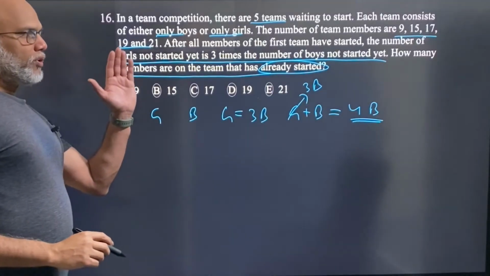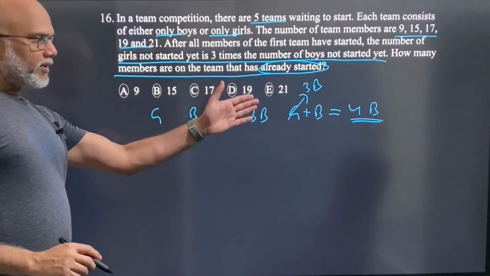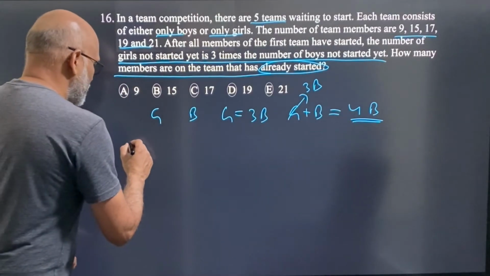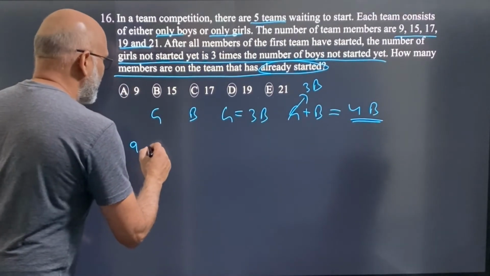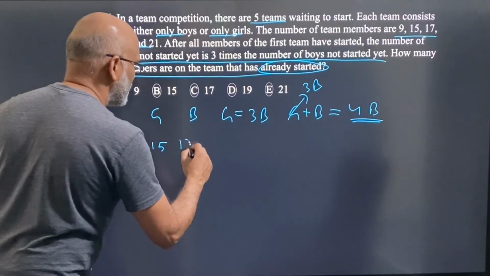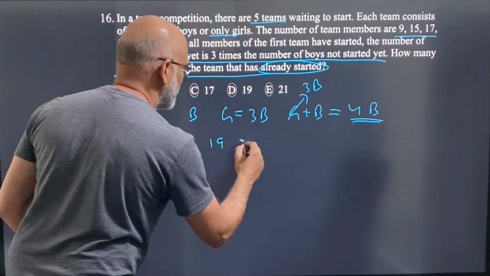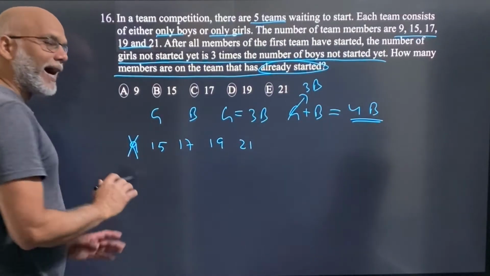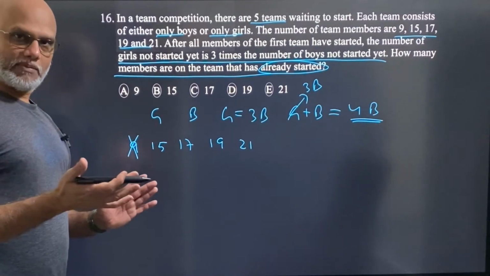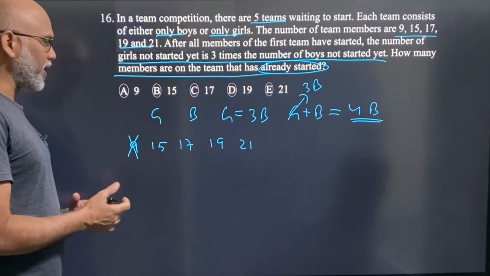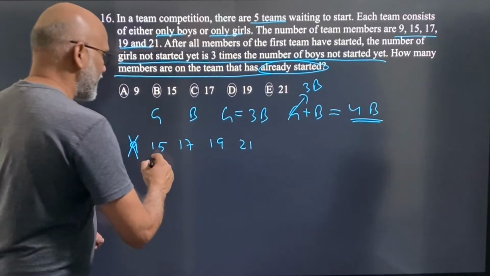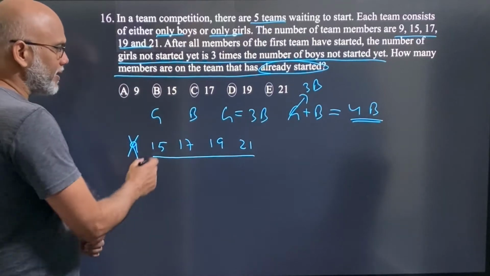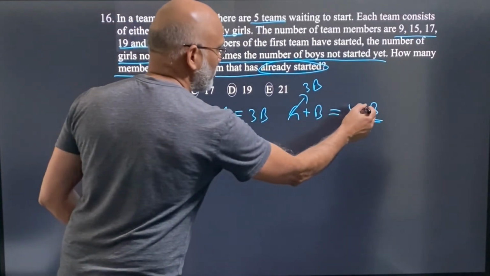Let's try to think about what that condition means, right? Let me start with an example. So the team members are 9, 15, 17, 19, 21. Let me assume that this team has already started. I don't know that yet. I need to figure that out, but I'm just assuming. Then the number of people that are remaining, that needs to be a multiple of 4.